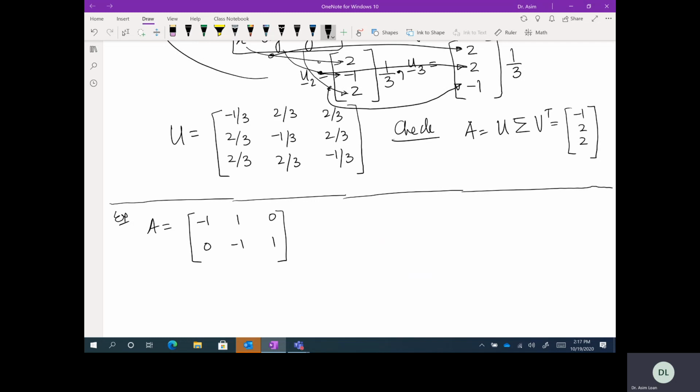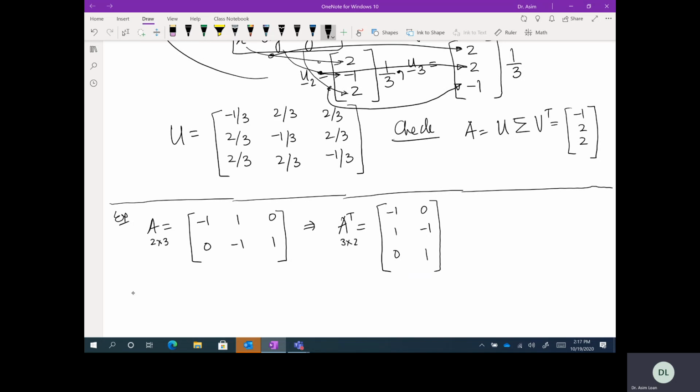Okay. So this implies A transpose is minus 1, 1, 0, 0, minus 1, 1. So this is a fat matrix. This is 2 by 3, and this is 3 by 2.